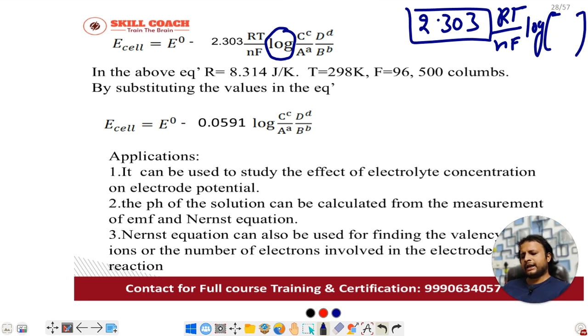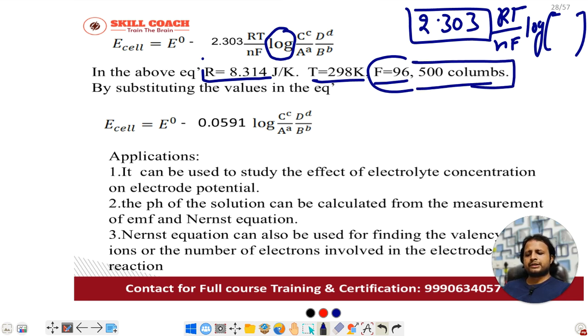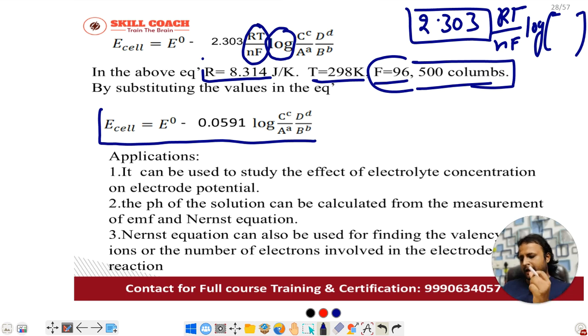Where R is the gas constant, the value is 8.314 joule per Kelvin, and temperature is in Kelvin, 298 Kelvin, and F is the Faraday. So 1 Faraday is equal to 96,500 coulombs. And after keeping the values of R, T, n, F, this entire value will be like this term.